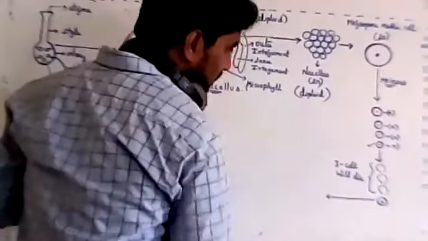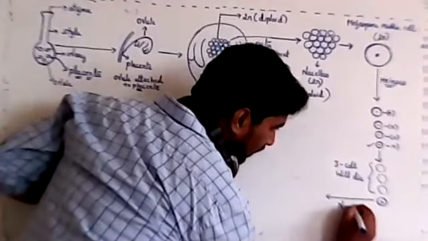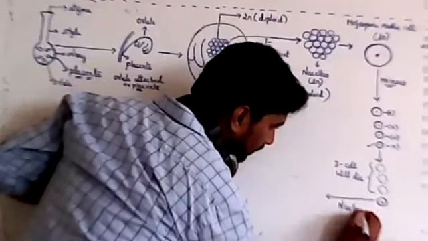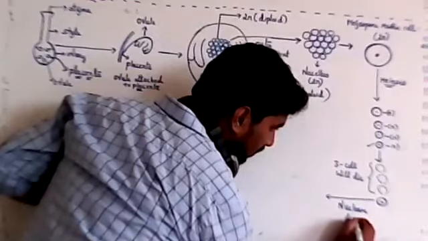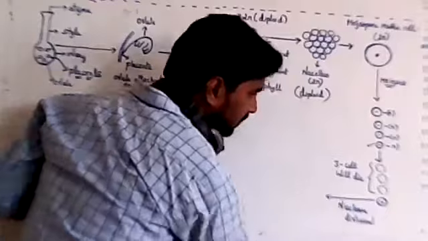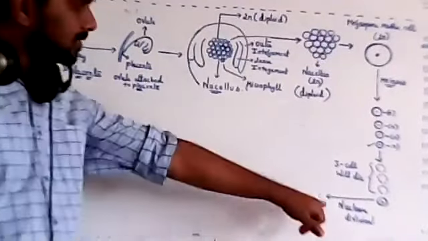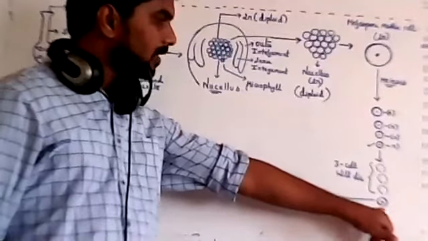nuclear division. So the next step is nuclear division. Only the nucleus will divide. Next step, that surviving cell will try to enlarge.